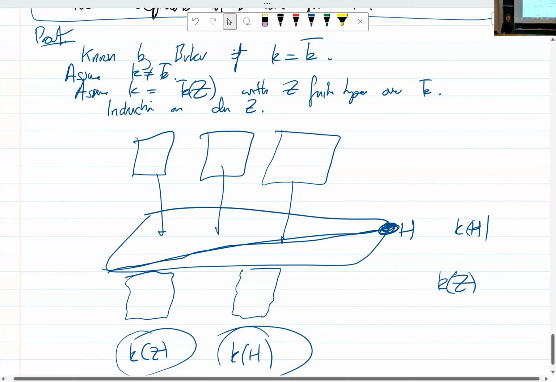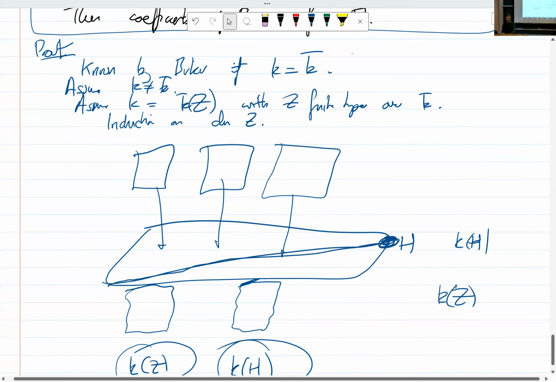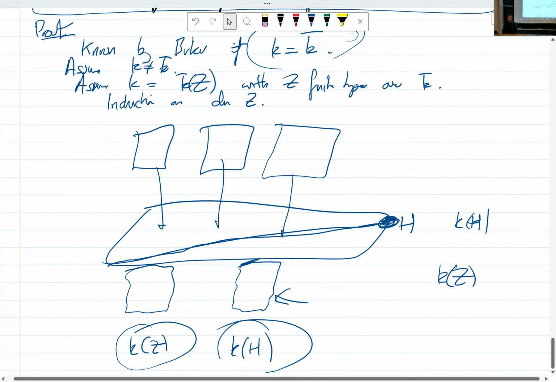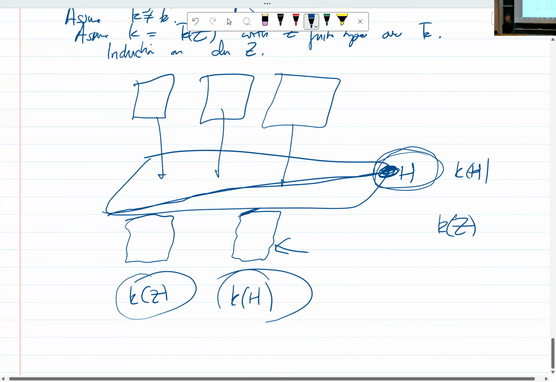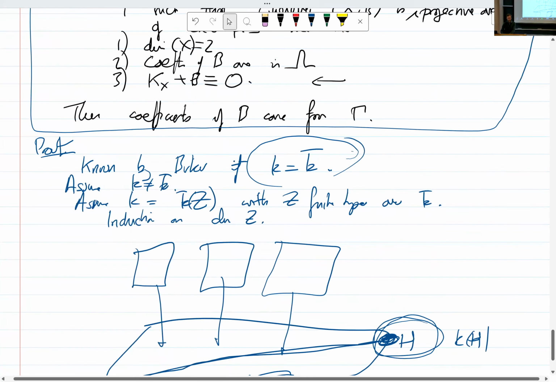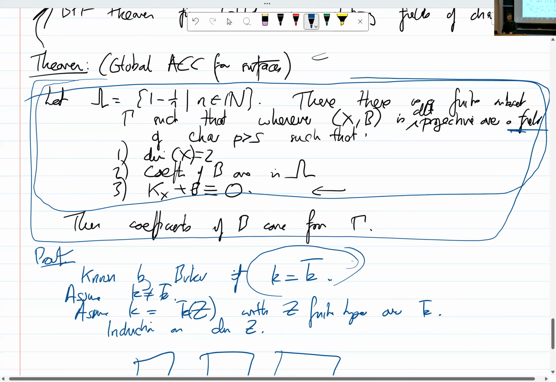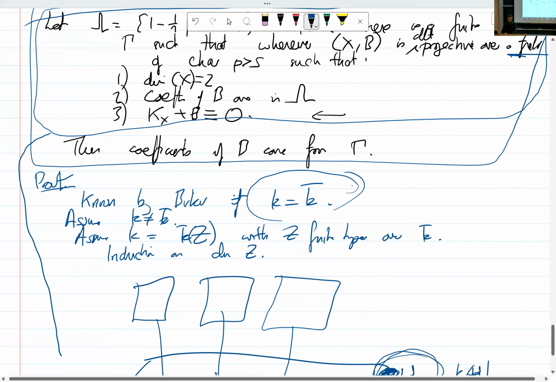And so if we know that we're in a situation where you can already apply the theorem, then you're okay. So what we actually have to do is, we don't know anything about this one. What we know is we have all this stuff on the generic fiber.